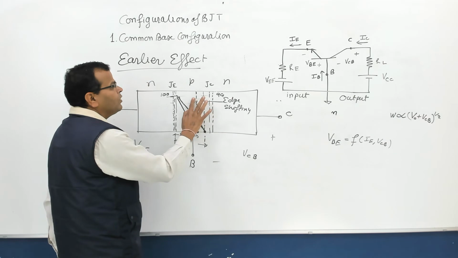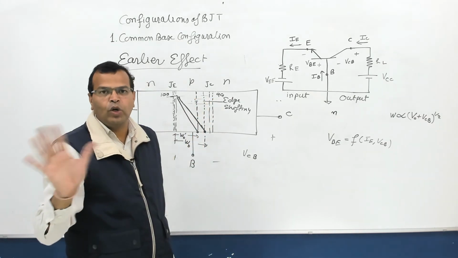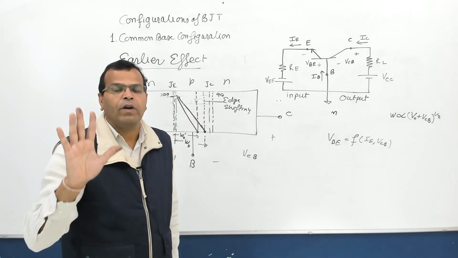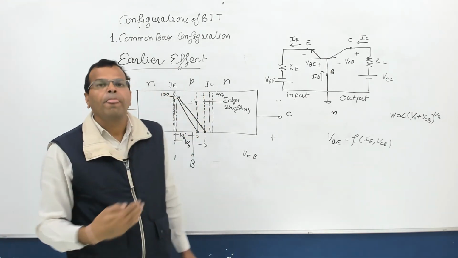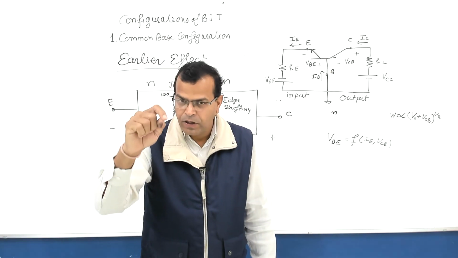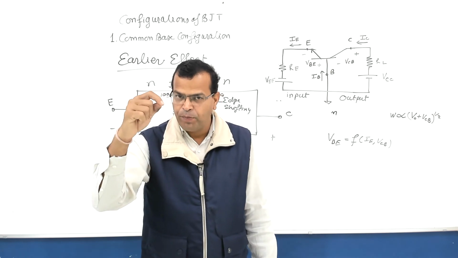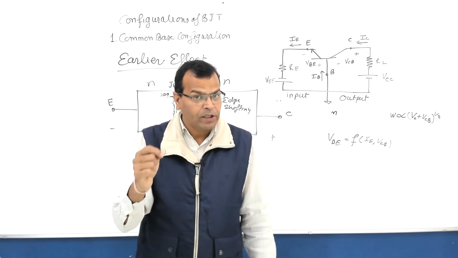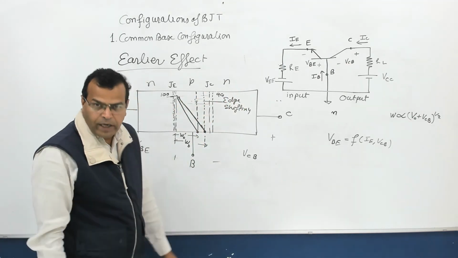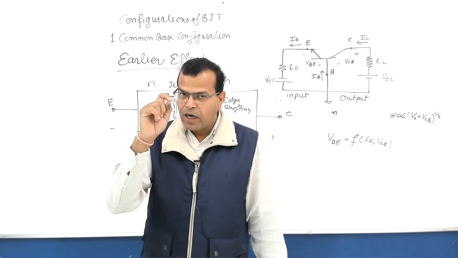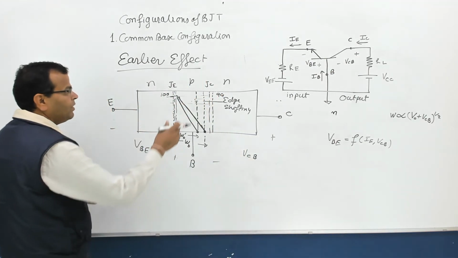Once it is entering into the depletion layer, there is no recombination. That is our assumption. So if effective width is reducing, there will be less probability of recombination of minority carriers in the base. More and more carriers will be going towards the collector side. So the component of collector current will be more here.